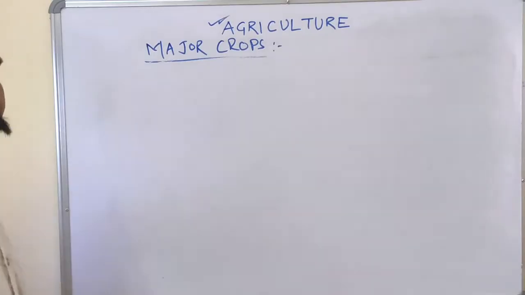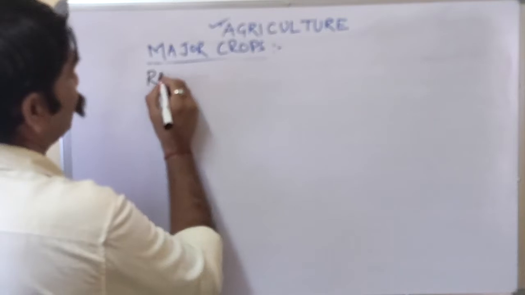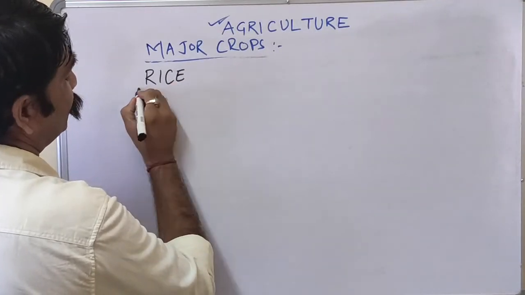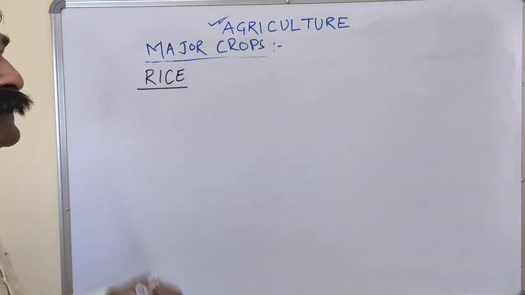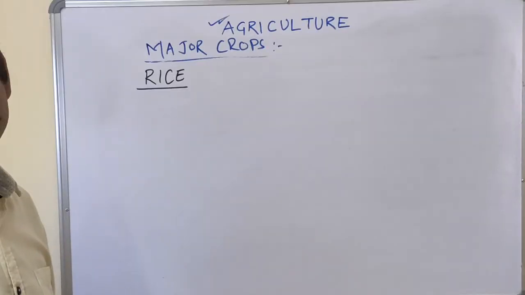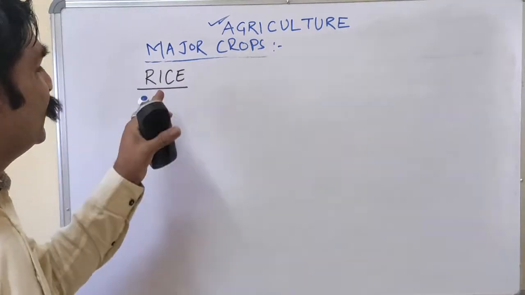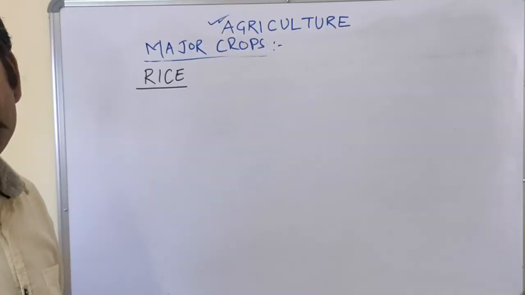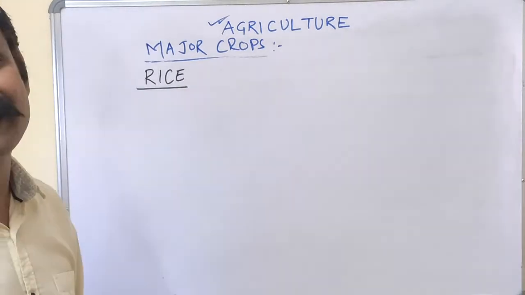So the first crop we'll be discussing here is rice. Rice is the grain which is consumed by people all over the world, and the highest amount of any grain consumed in the world is rice.